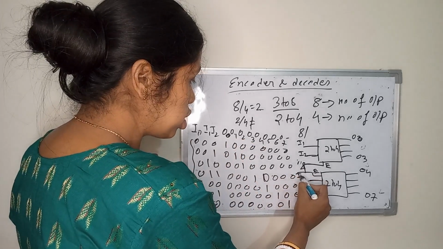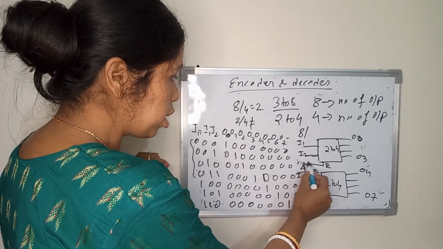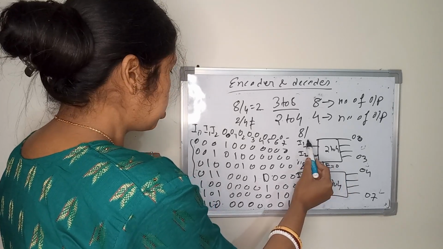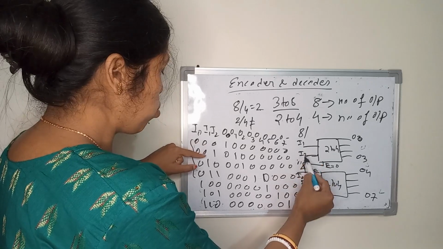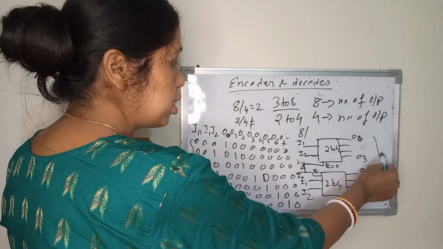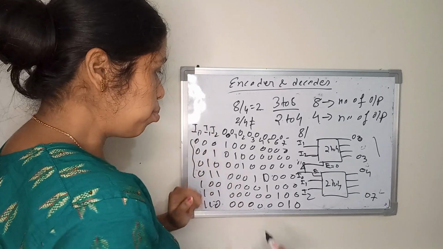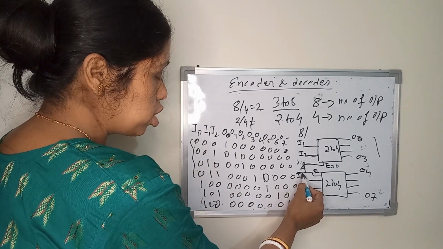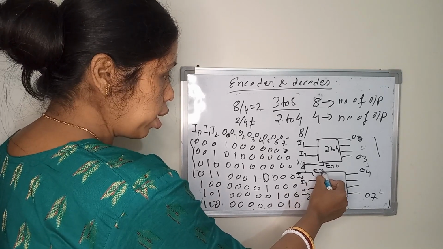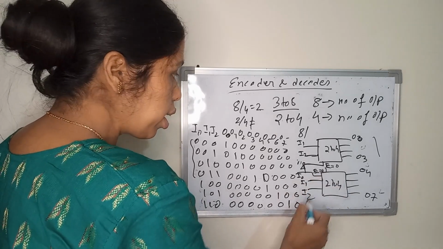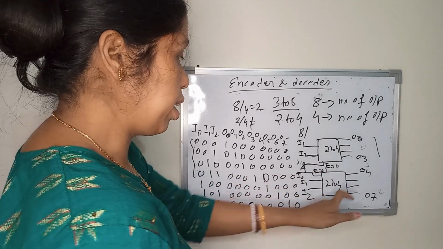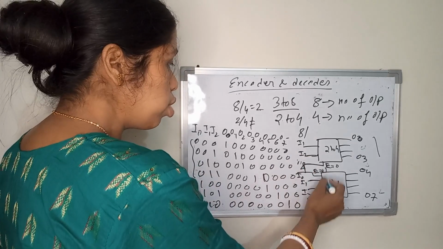If I0 is 1, then the enable line of this one is 0. When you send 1 here, then the other decoder will be selected. In this way it will happen.